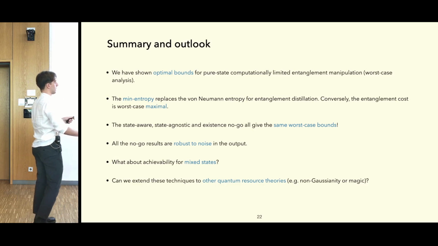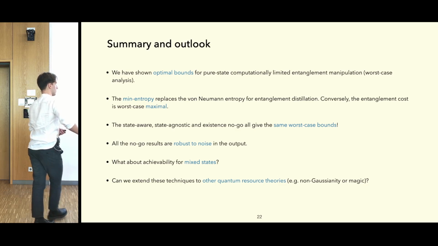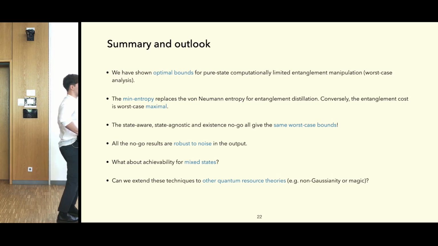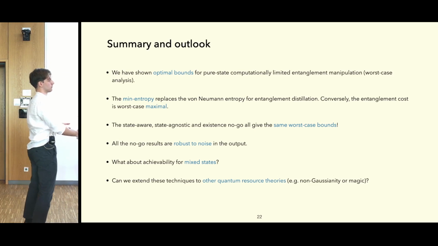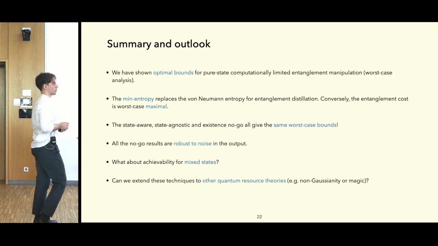Yeah, I would say our protocol was already proposed by Matsumoto and Hayashi, but that protocol seems to work only for pure states, and it's not clear how you can generalize this to mixed states, because we exploit crucially the fact that the E-reps are the same on both sides. If the state is mixed, you will need to do some error correction to get the same E-rep on both sides.